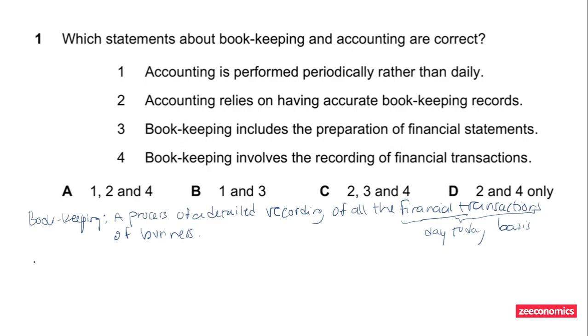All right, so next is the definition of accounting. Now, accounting is slightly different from the bookkeeping. Accounting is actually using bookkeeping records. Okay, so the bookkeeping is a process of recording, while accounting is actually using the bookkeeping records, the data that has been recorded by the bookkeeping.